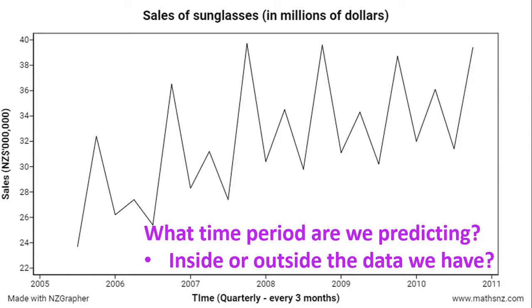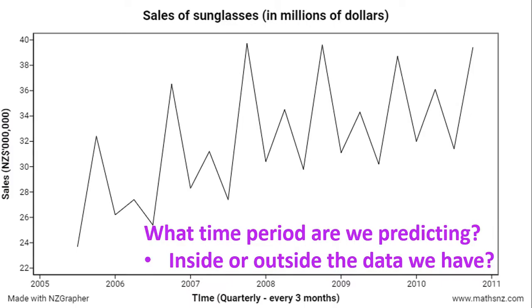Lastly, think about what time period are we predicting. Are we predicting inside the data or outside the data? So are we trying to predict from between 2005 up to 2010, or are we trying to predict after 2010? So the reason that that's important is if I'm predicting within a period that I know about, I can have a lot more confidence in my answer, a lot more confidence in my prediction.